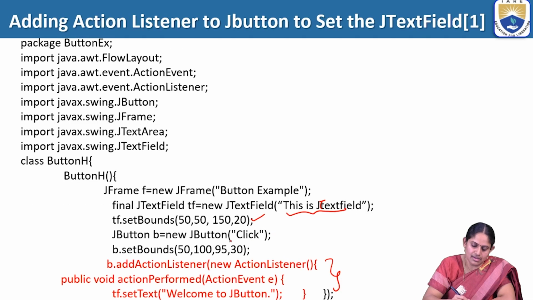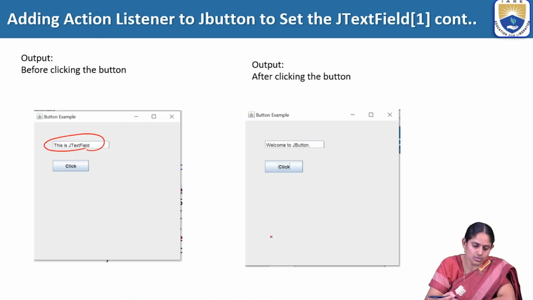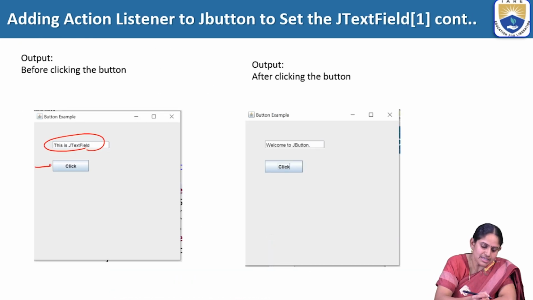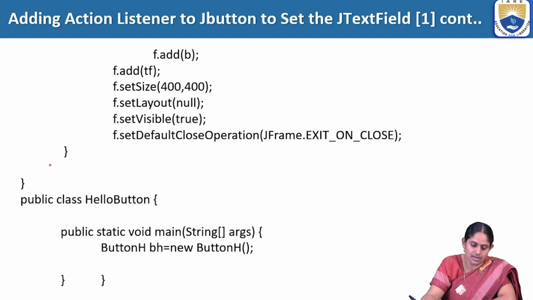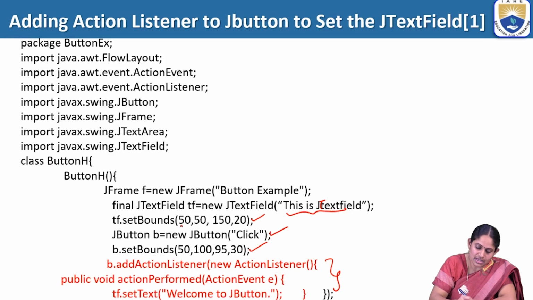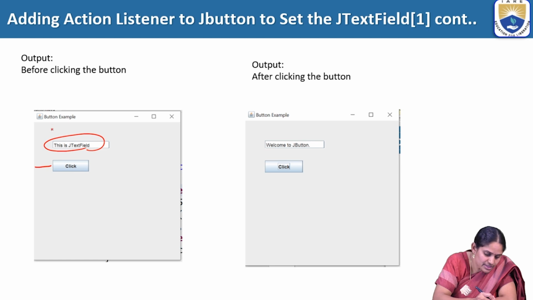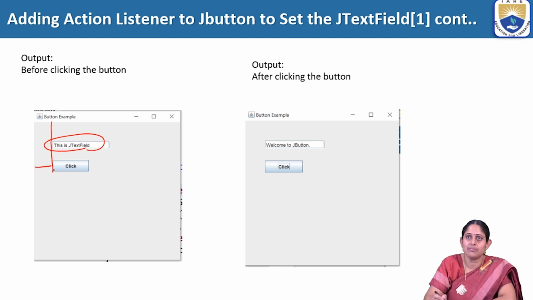Then we are creating a button named Click, and we are again setting the bounds. Here we can see that the x and y coordinates of the text field and button are the same, so we have everything aligned at the same point.